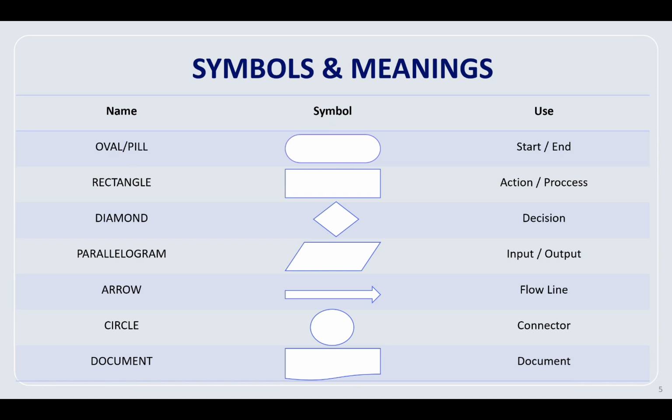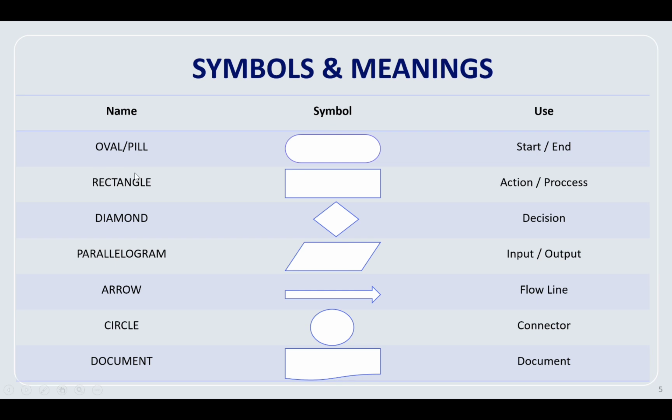It is also known as the terminal symbol. Its function is to provide a visual reference at the start or end of the flowchart, and it usually contains the word start or end.